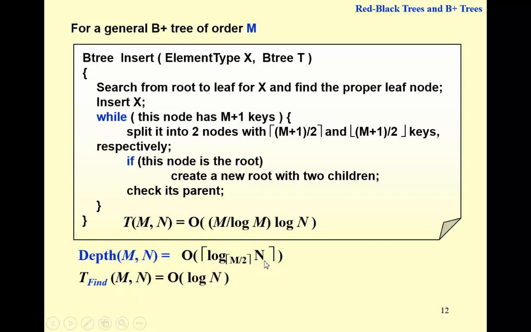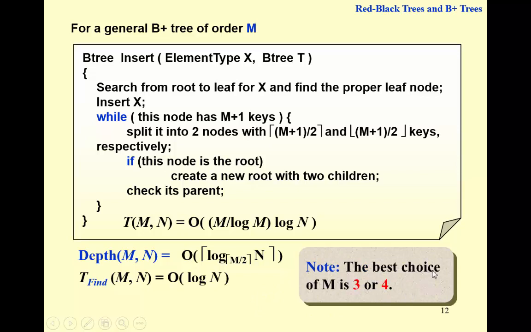And this is the total number of levels. And at each level, there's going to be a log m step to go. So log m on the numerator and denominator will be cancelled out, and only log n is left, which means that the function find is independent of the order of this tree, but only depends on the number of records. So practically speaking, the best choice of m is either 3 or 4.